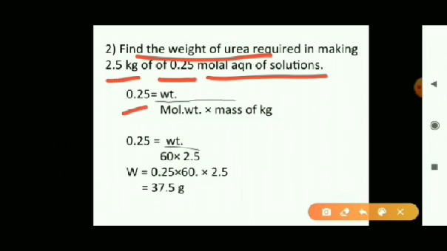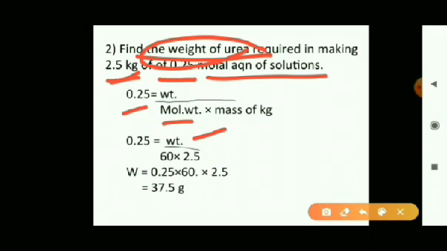We don't know the weight, but we know the molecular weight of urea, that is 60, and the mass in kg is also given, that is 2.5 kg.